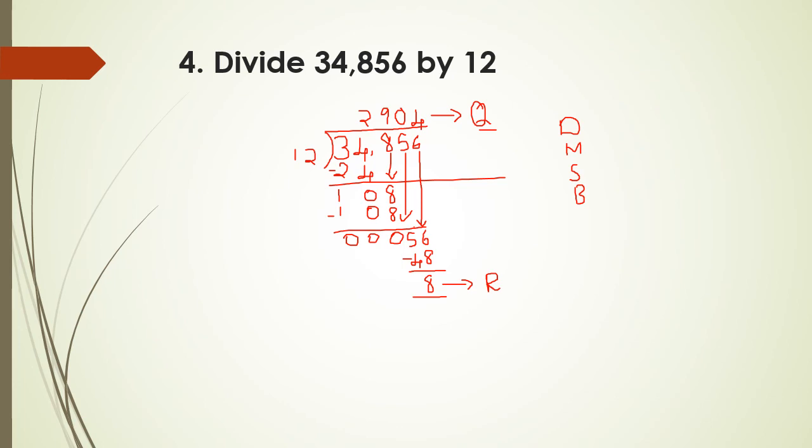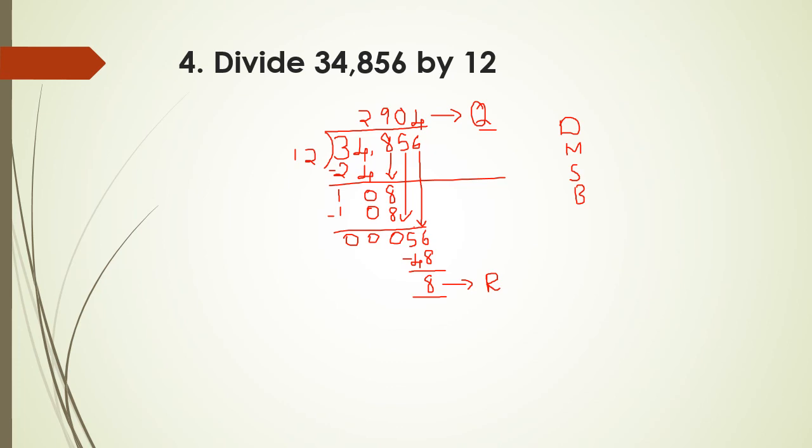So now what is the answer you got? The number on top, we give the name quotient, and the number which we got here is the remainder. So remainder you can denote with the symbol R. Quotient you can denote as Q.